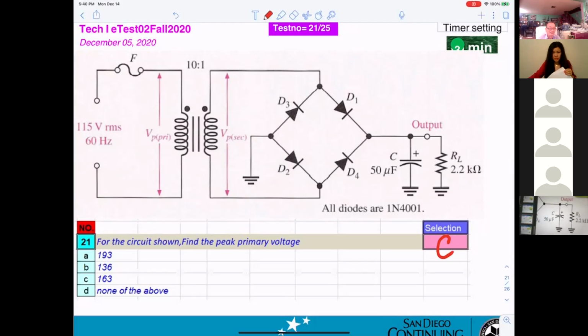No coupling. When you say coupling, you have to say DC coupling or AC coupling. But that capacitor is not the coupling. It's not the bypass. Filter capacitor. I said filter capacitor.